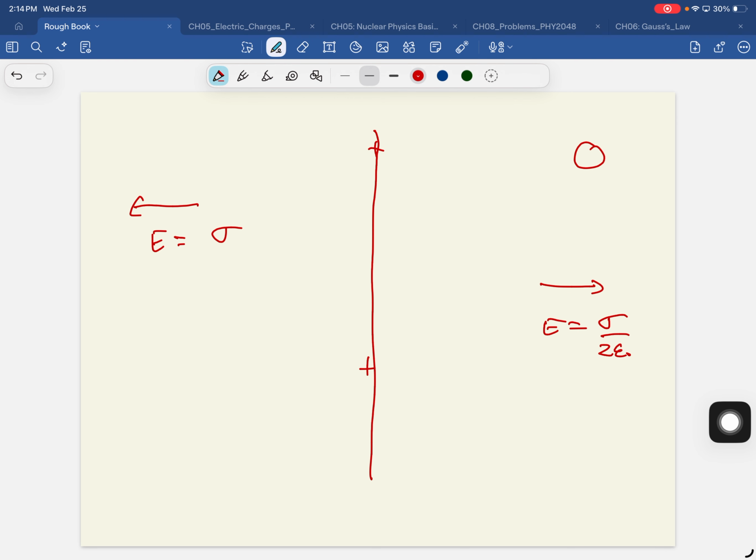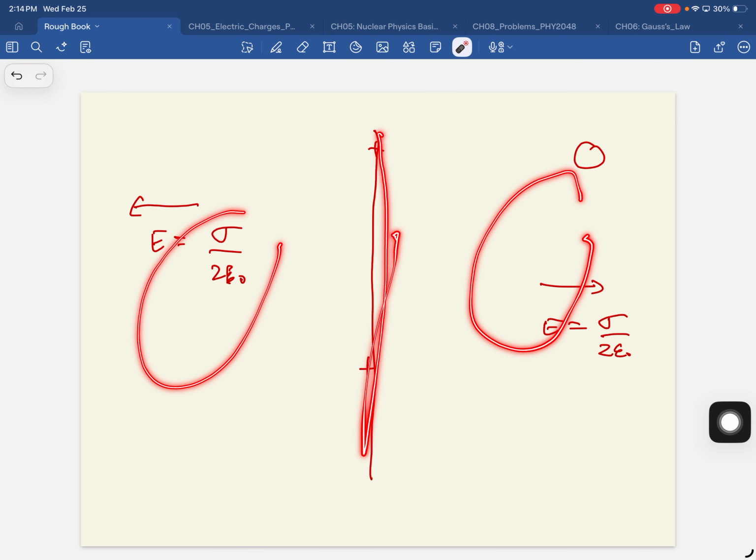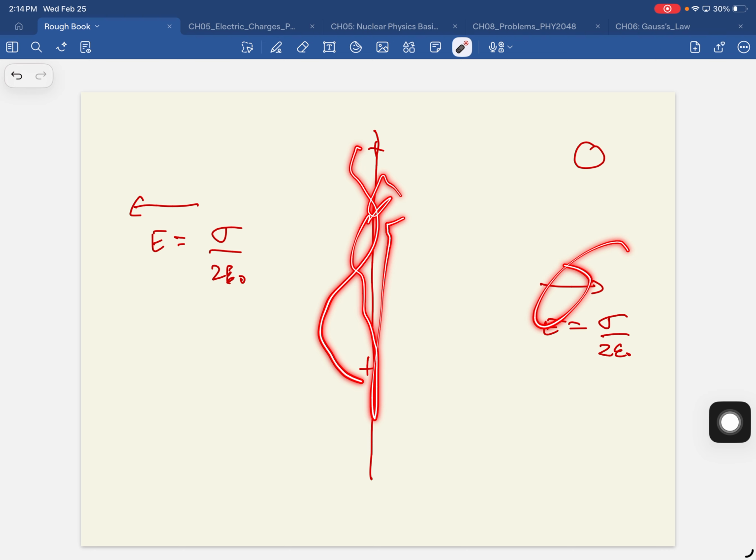The instant you bring it in, there will be an electric field, but the electrons will respond and collect here, and then you'll have a positive charge here. These induce an electric field. This electric field cancels that electric field, and the net electric field inside here will be 0.